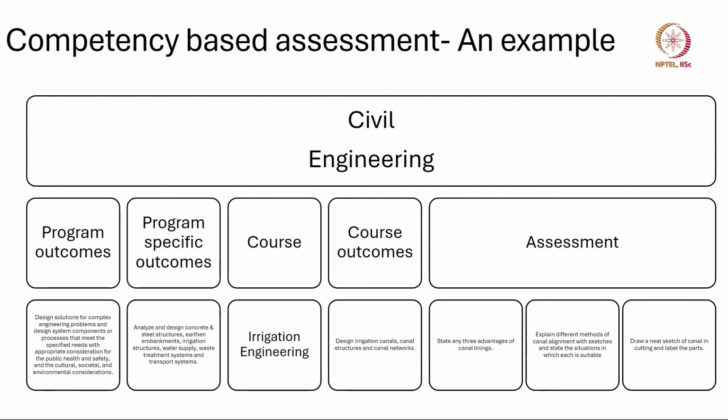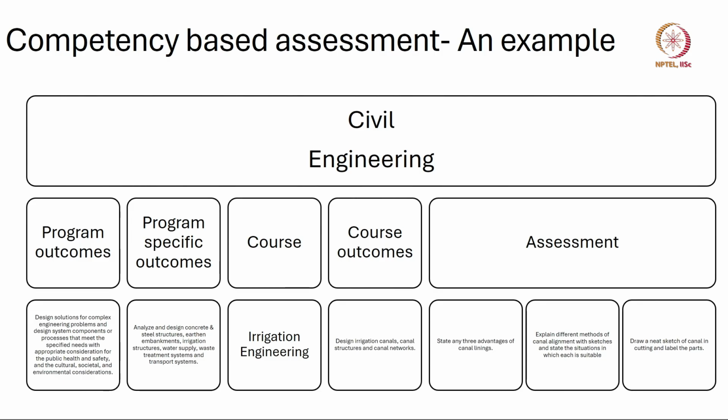Say at the program level, the program outcome focuses on the ability to design solutions for complex engineering problems with due consideration for safety, societal and environmental aspects. Now, this is a very higher order competency, and it is aligned with NBA graduate attributes.